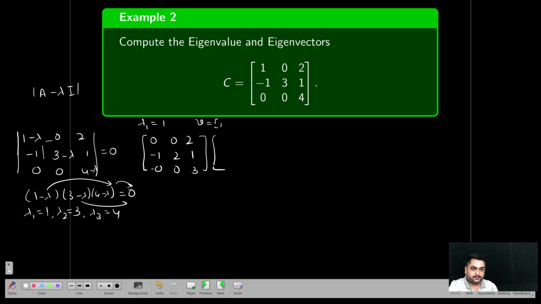V will be x1, x2, x3. This is a row vector, so transpose it to a column vector. So x1, x2, x3 is equal to 0.